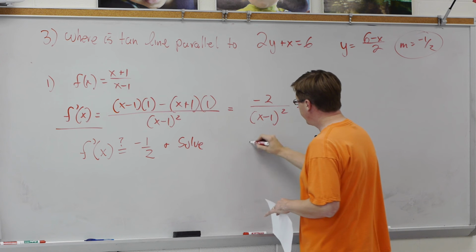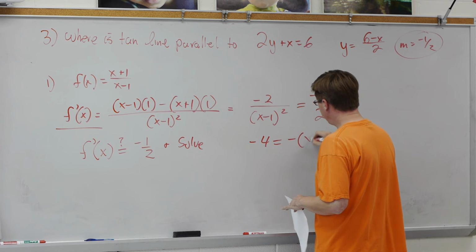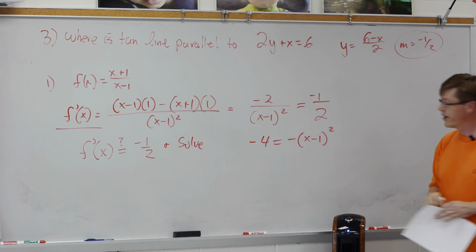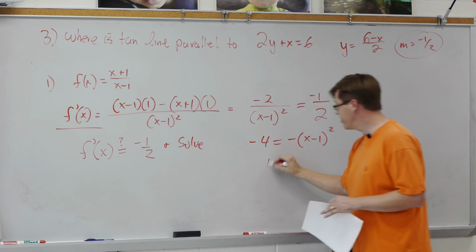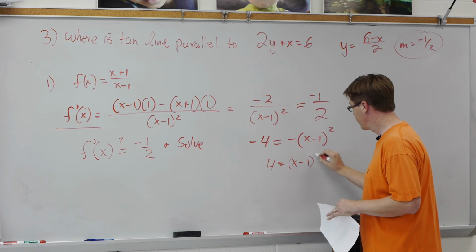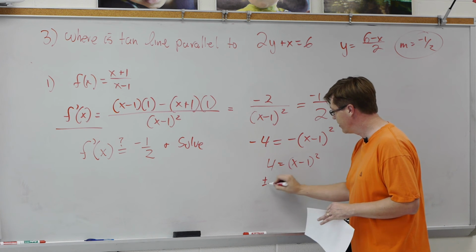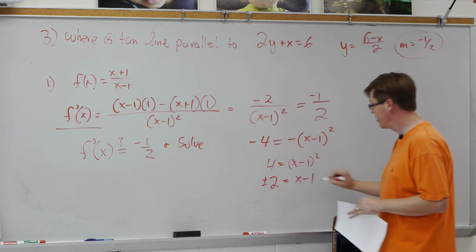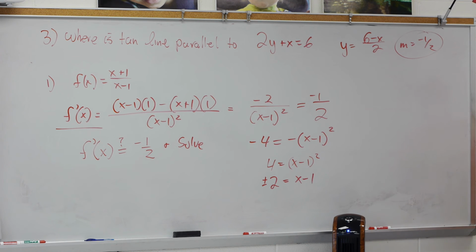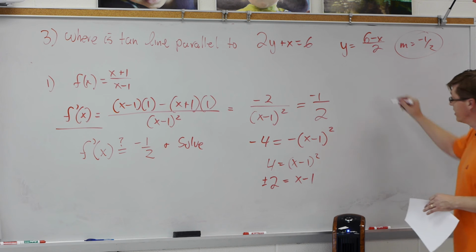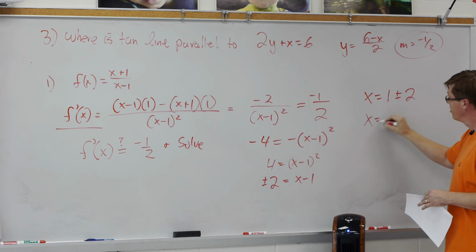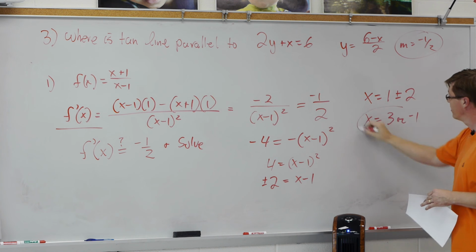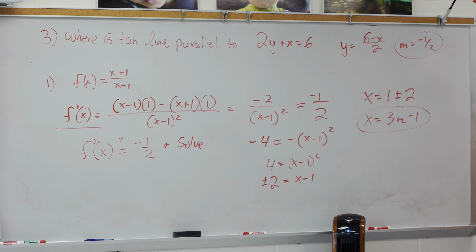So if I do that, I get -4 is negative x minus 1 squared. Get rid of the negatives. Take a square root. Just like in our warm-up, there's two solutions. x is 1 plus or minus 2, which means 3 or -1.